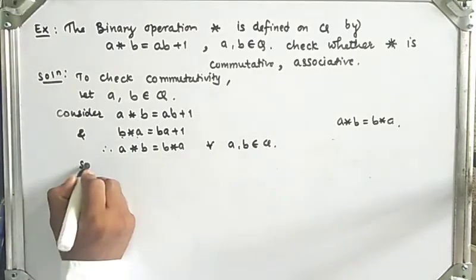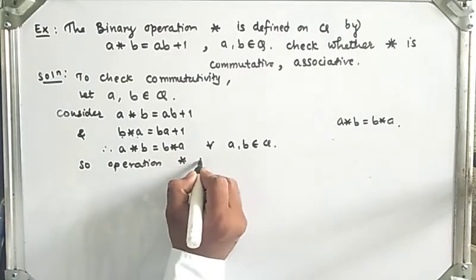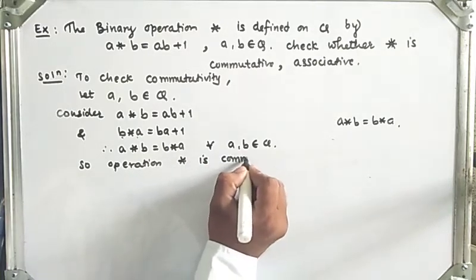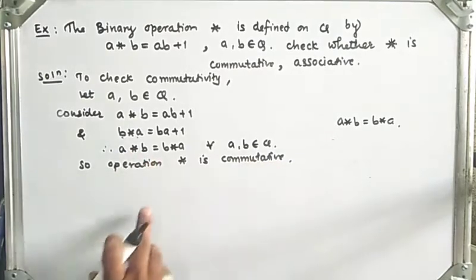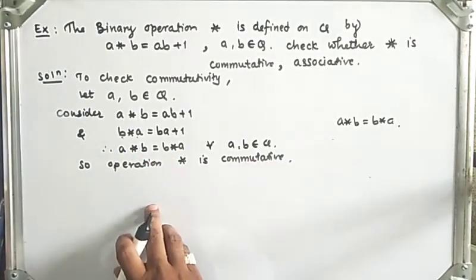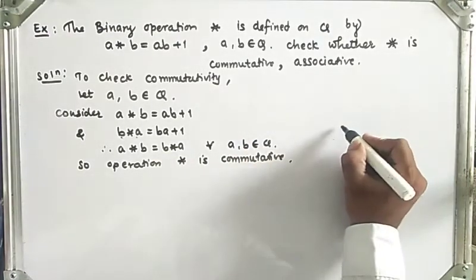So the operation star is commutative because it satisfies the property A star B is equal to B star A. Now let's check the associative property. So what is the associative property?